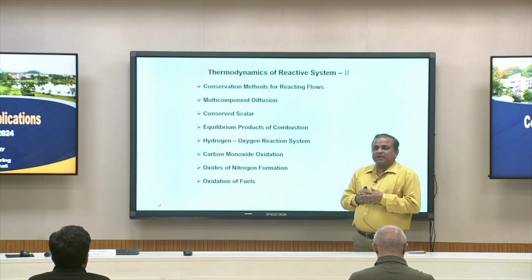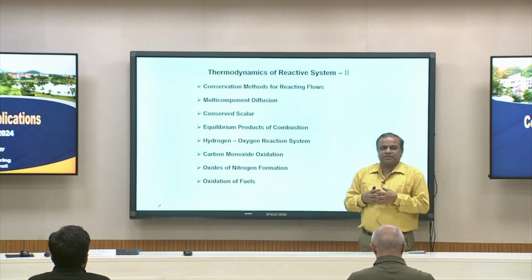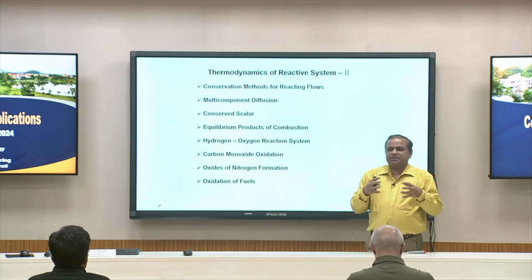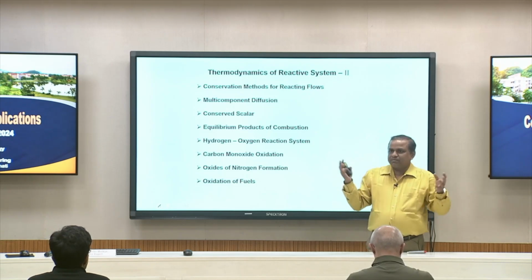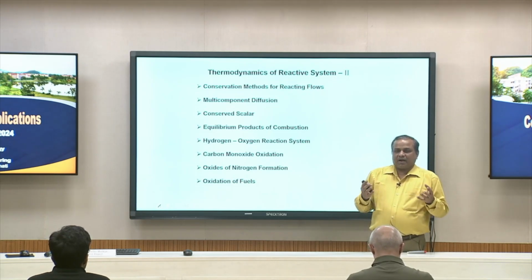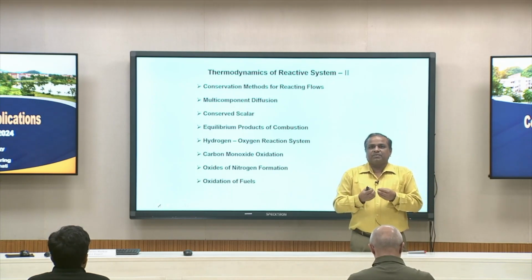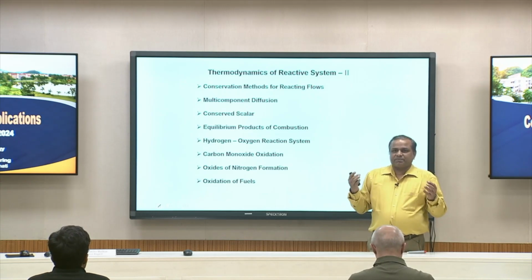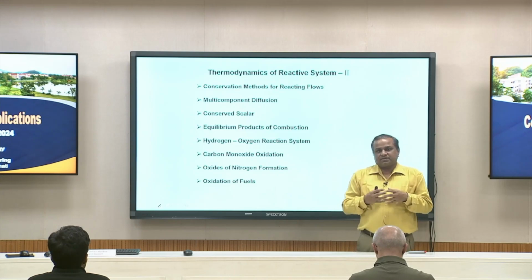Here, multi-component diffusion is another concept, which arises because in a combustion environment, it is not only two species that combine. If you see this room as a reactor, and fuel and air are initially there and we ignite, we will find n number of species that come out from these reactions.